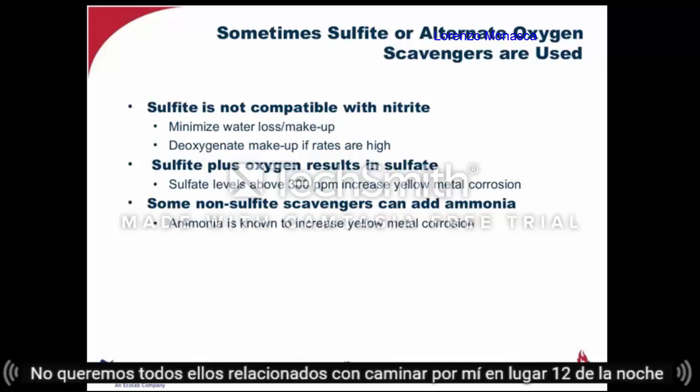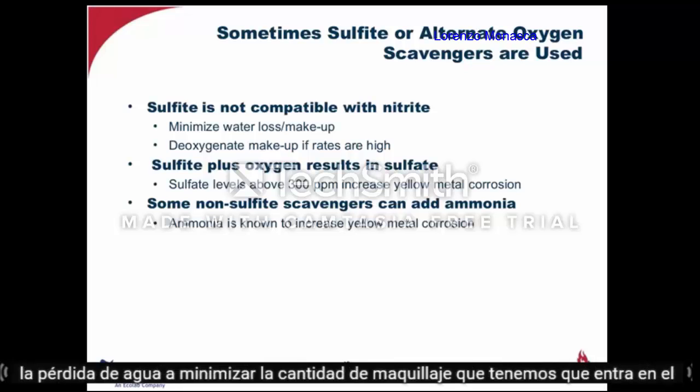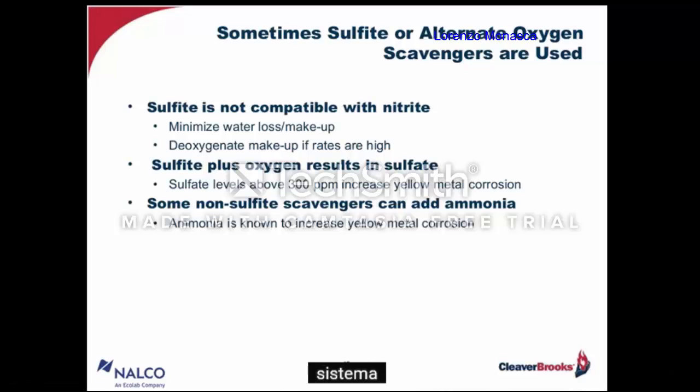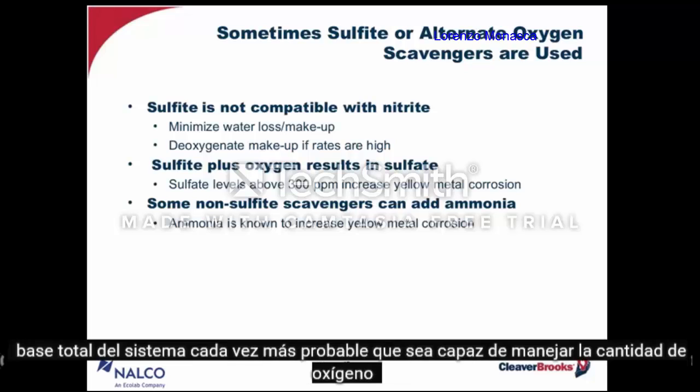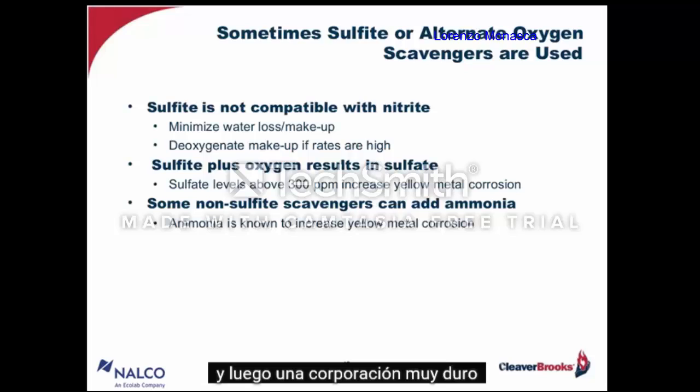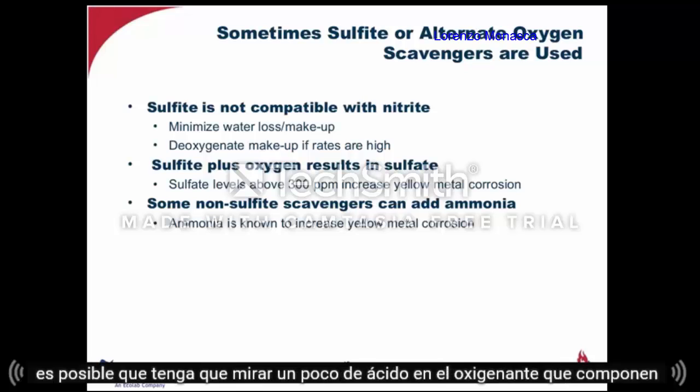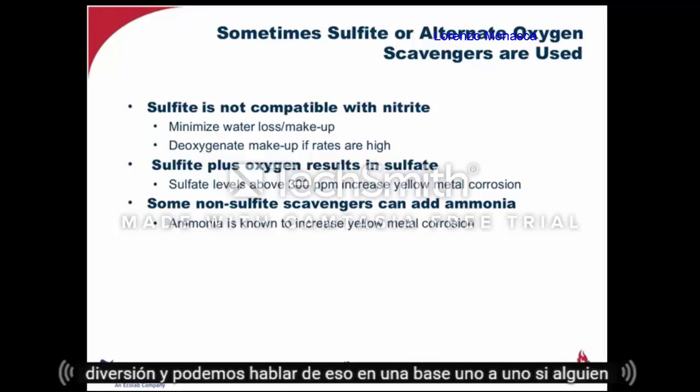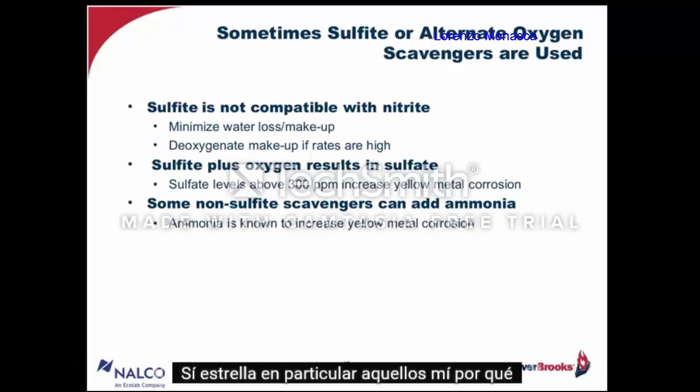We instead want to minimize the water loss and the amount of makeup coming into the system, so that when we bring in oxygen-saturated water, it's at very low amounts on a total system basis, and we're more likely to be able to handle that amount of oxygen. Sometimes if the makeup rates are really high, you may have to look at some method of deoxygenating that makeup. We can talk about that on a one-to-one basis if anybody has those particular needs.